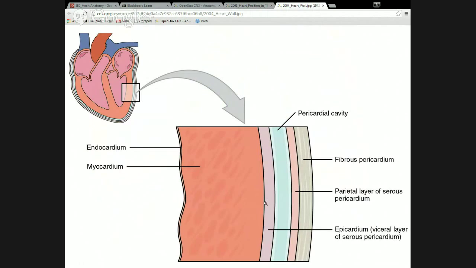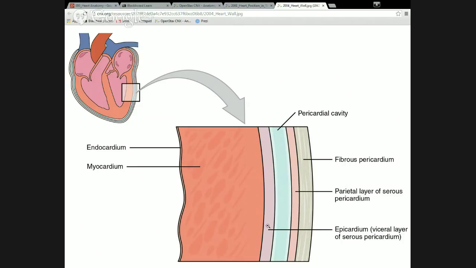Now, the visceral layer of the pericardium is actually also considered the outermost layer of the actual heart. And so the label here actually says epicardium, and in parentheses it says visceral layer of the pericardium. So that simple squamous epithelium and its associated areolar connective tissue is the outermost layer of the heart.